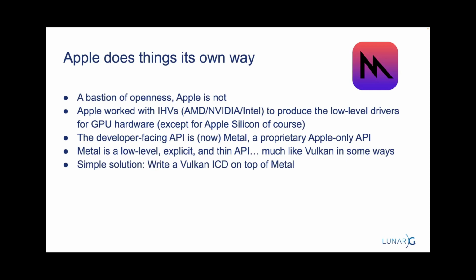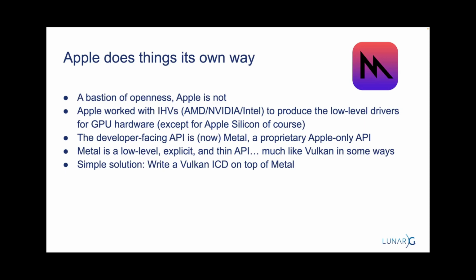OpenGL is deprecated on Apple. I really don't see how they can, in practical terms, remove OpenGL in the near future because there's so much legacy around it. But new projects probably don't want to necessarily start from scratch using OpenGL. And Vulkan is a great option for people who want to do that. There's lots of talks here at SIGGRAPH about that as well.